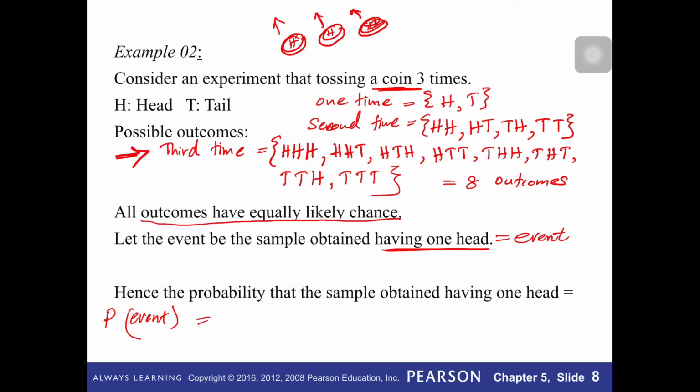So you have to be careful with these words. Obtained having one head, which means you can have 1 head, 2 heads, 3 heads. If they have mentioned obtained having one head only, then definitely you have to stick with 1 head. Now we can calculate at least 1 head. 1, 2, 3, 4, 5, 6, 7. There are 7 outcomes for this event. Altogether I have 8. So probability of having 1 head is 7/8. Clear?